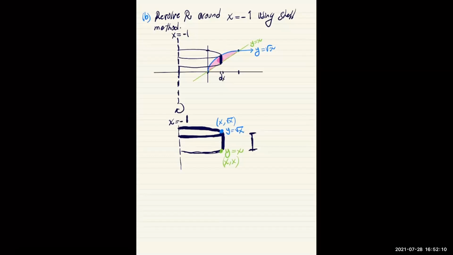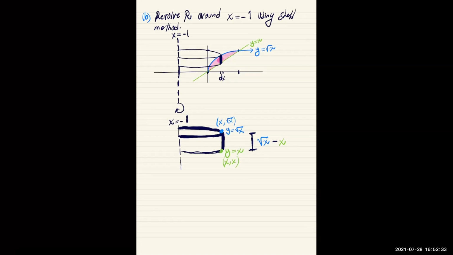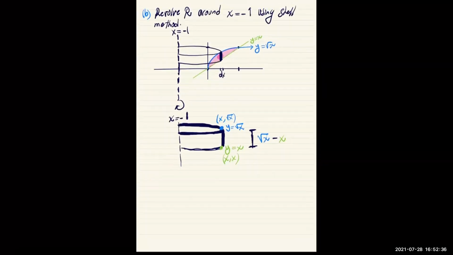So that height, again, is the top y, the blue function, minus the bottom y, the green function. That's root x minus x, the height. Now let's find the radius. Radius, guys, is always right minus left. Height is top minus bottom, radius is right minus left.